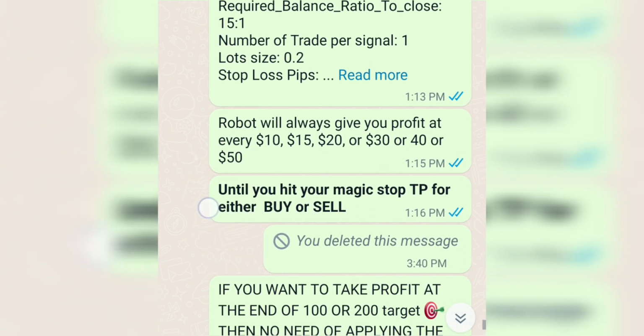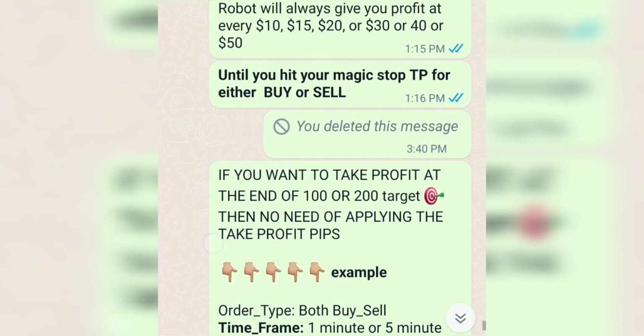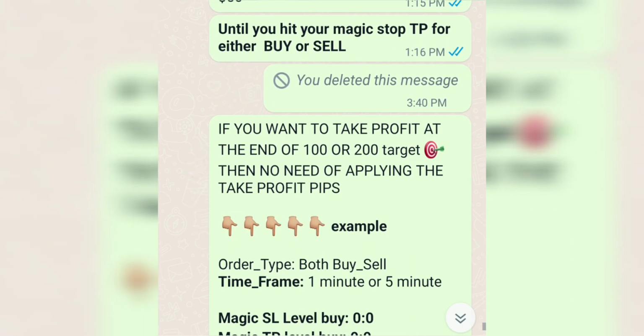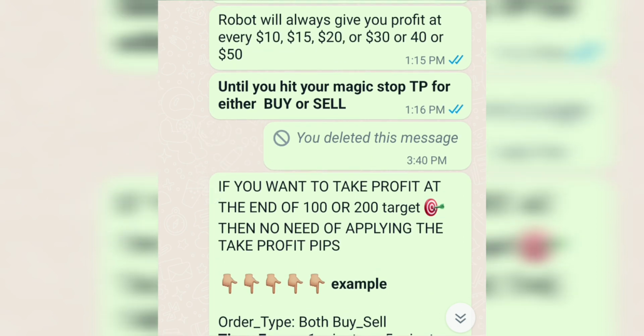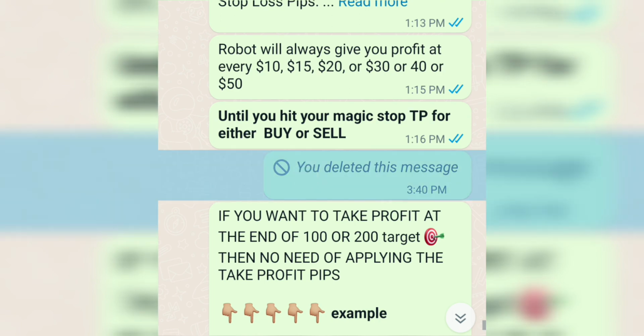Until you hit your magic TP for either buy or sell, once you hit your magic TP, it will automatically stop trading.